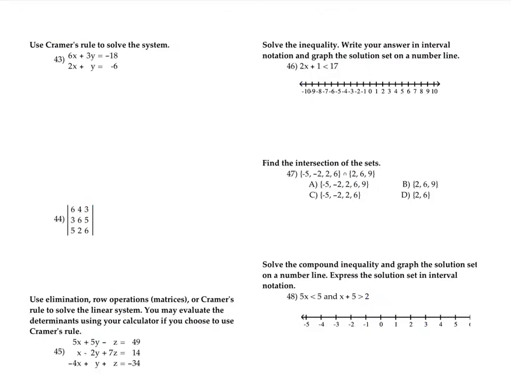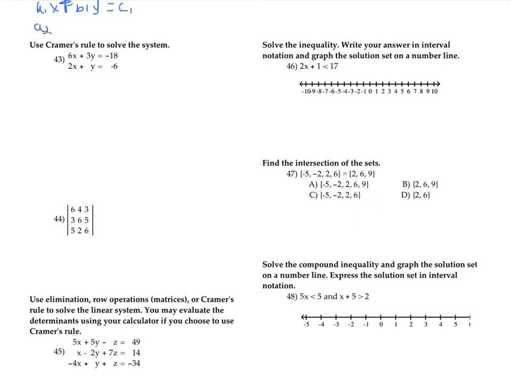Use Cramer's rule to solve. Cramer's rule can be kind of tricky. You might want to write it down from our notes. I guess I can write it down here. And we start off... Sorry, my writing's pretty bad. So a1 times x plus b1 times y equals c1.